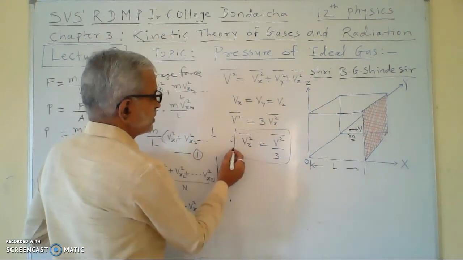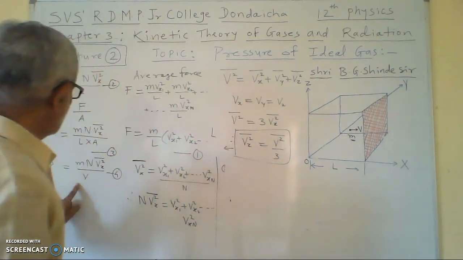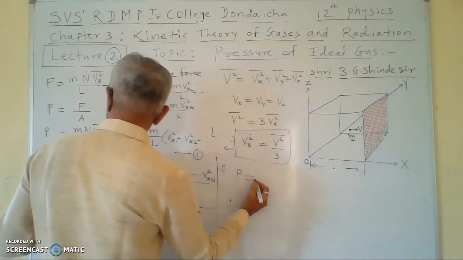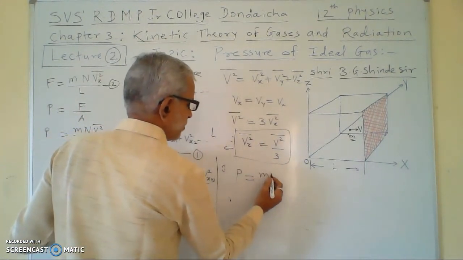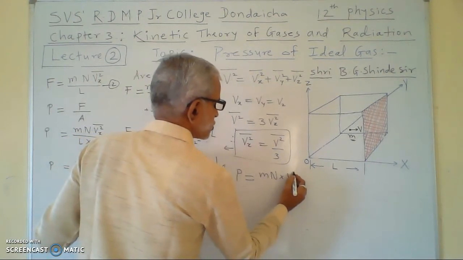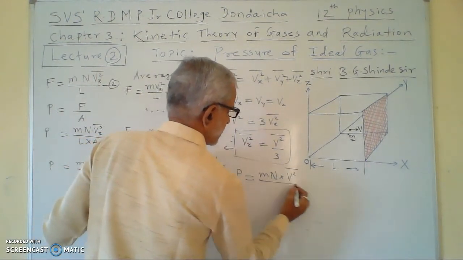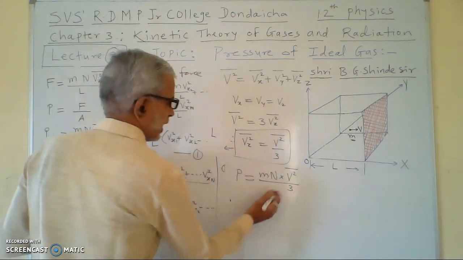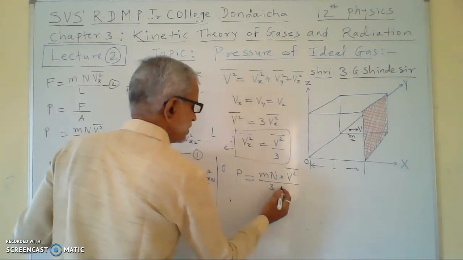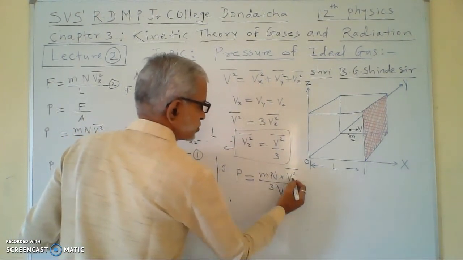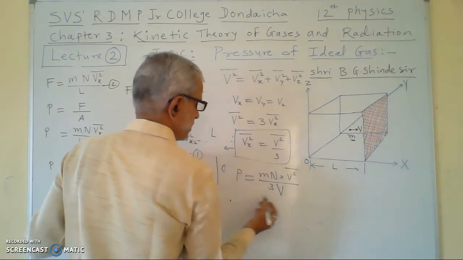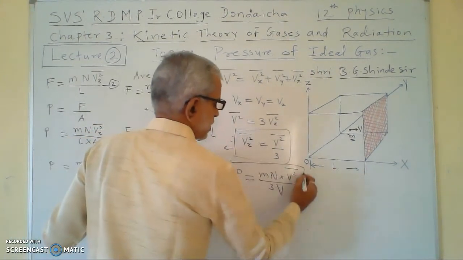Now let us put this value in equation 4. So the average pressure will be equal to m n into V square bar, divided by 3 into V. This V is a volume and this V is a velocity, so there is a difference in these symbols.